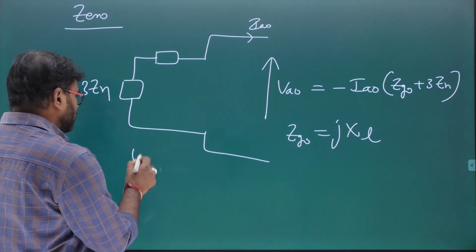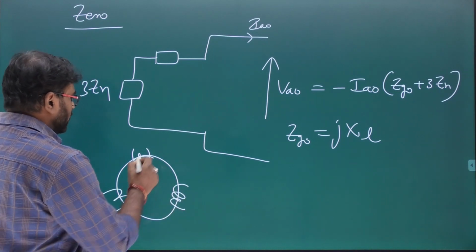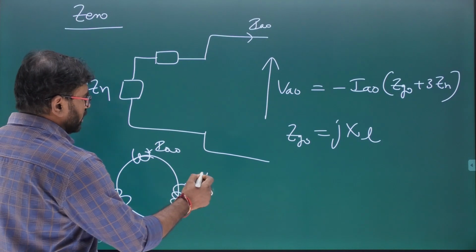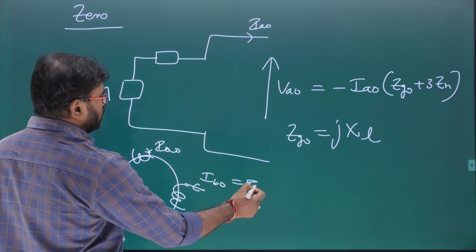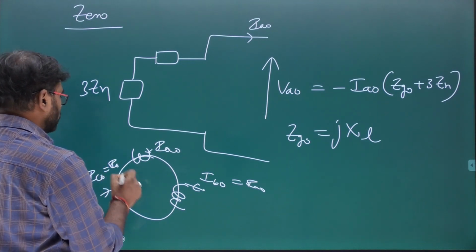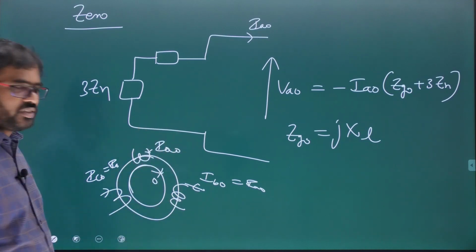Because in a three-phase system, for a generator, if there exists a zero sequence current Ia0 here, there exists Ib0 equal to Ia0, and Ic0 also equal to Ia0. So the rotating magnetic field produced by this zero sequence current is always zero.